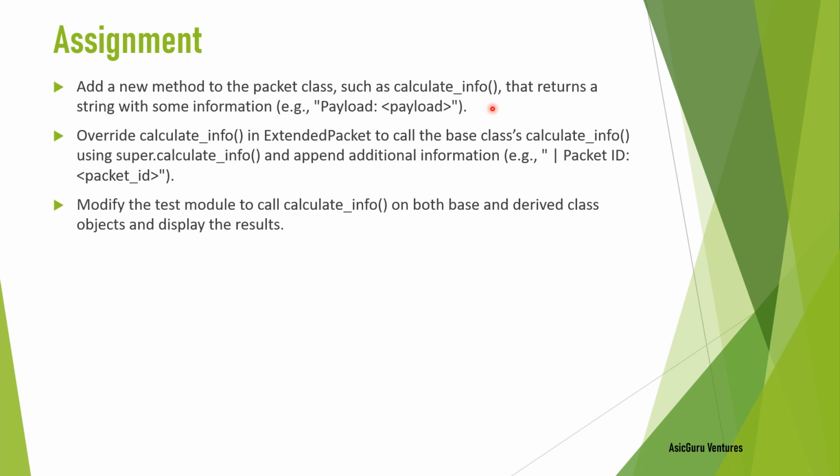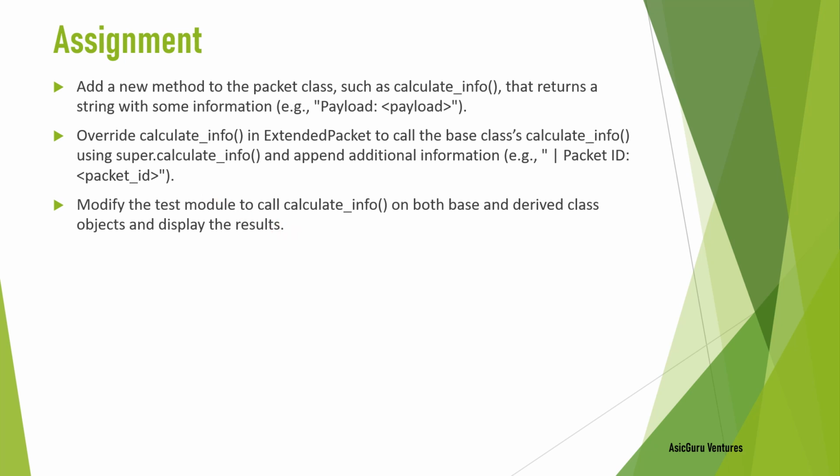For example, you can return something like payload and its value. In the derived class extended packet, override the same function. And inside this method, first call the base class version using super and then append additional information. For example, you can append something like packet ID and its value.